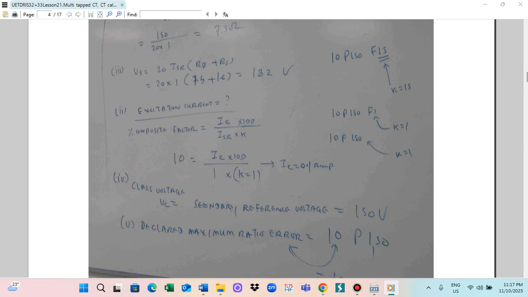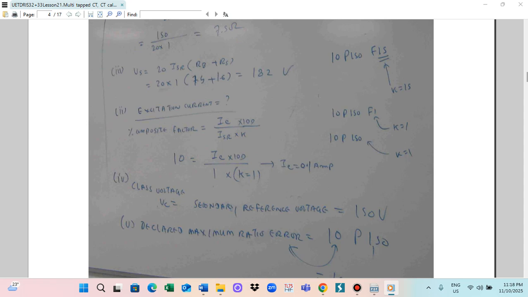The equation is class voltage is equal to test voltage minus 20 ISR into RS. So this formula: class voltage is equal to test voltage minus 20 ISR into RS.